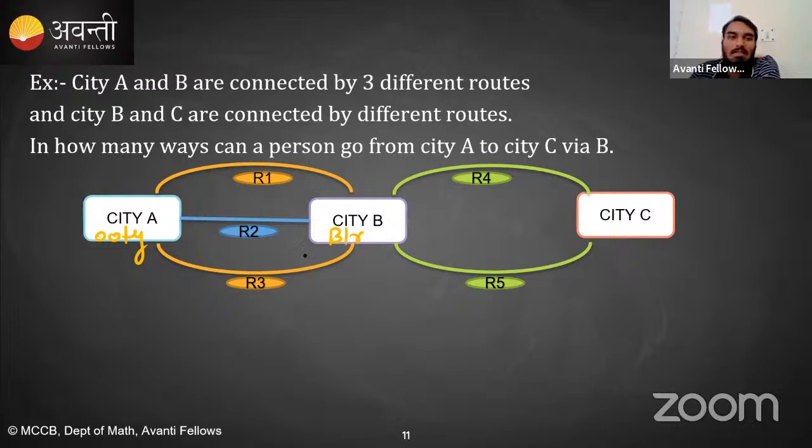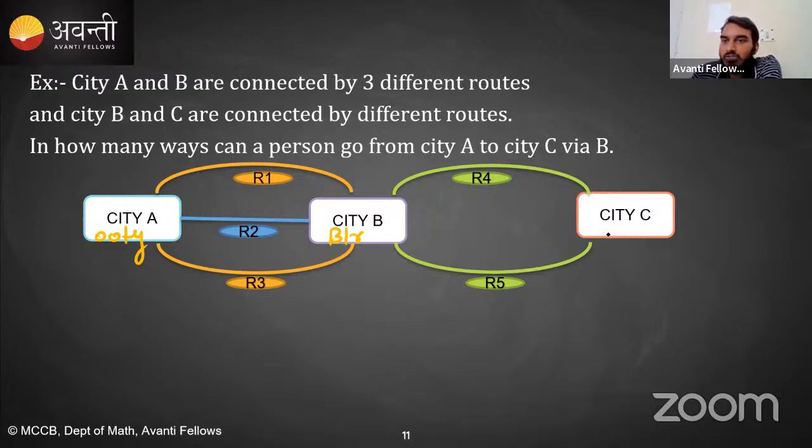There might be 3 ways from city 1 to city 2: one maybe by Mysore, second somewhere else, and third somewhere else. So let's say there are 3 ways from city A to city B, Bangalore to Ooty, 3 ways.